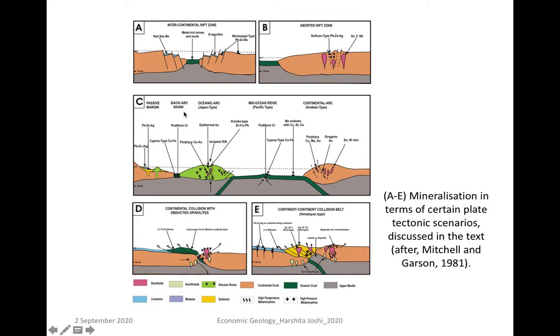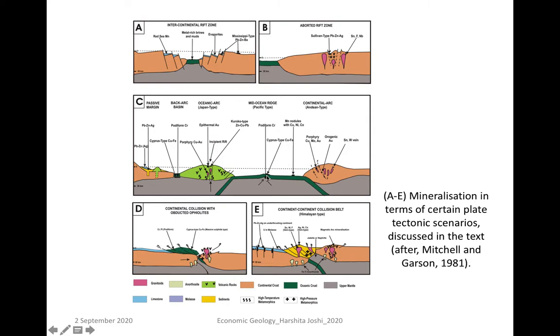Coming to the back arc basins, here you may find copper, iron. Wherever you are finding lead and zinc and silver, you also find gold there. In oceanic arcs, you may find copper and gold. In mid-oceanic regions, you may find chromium, copper, iron.